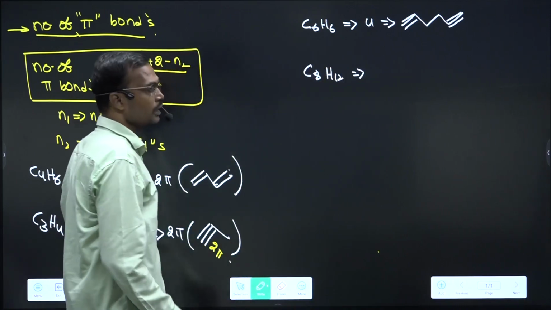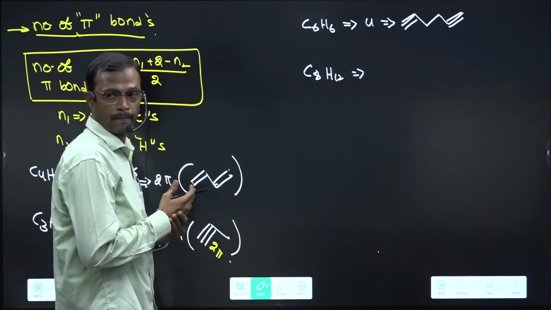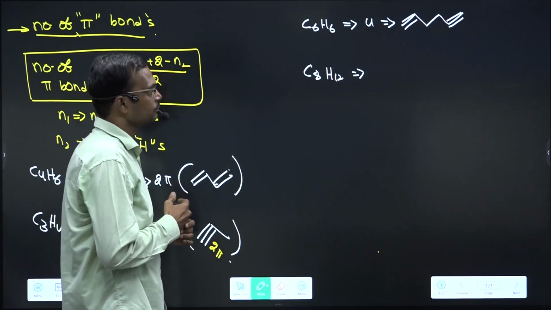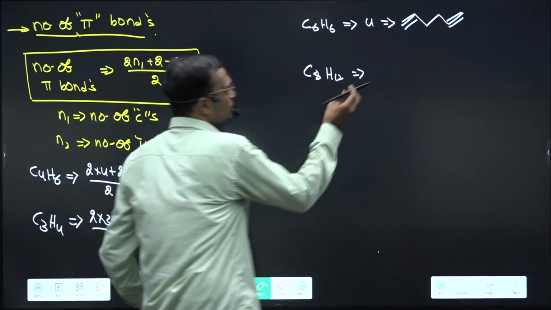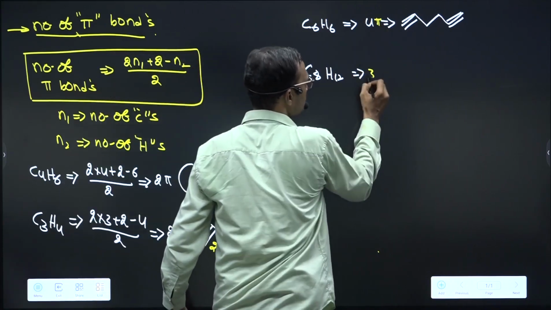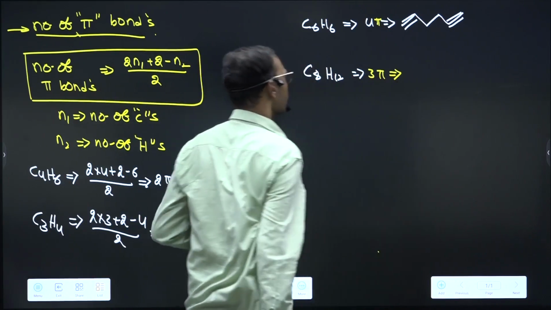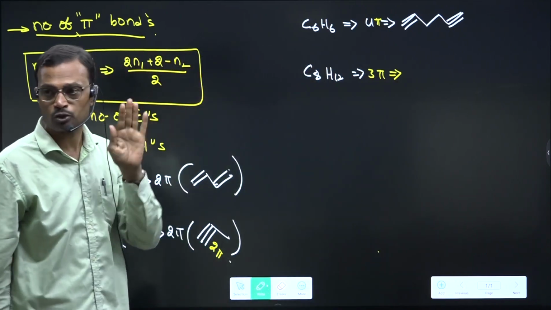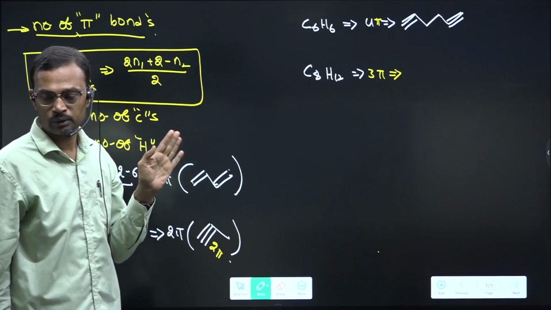Okay. Now, C8H12. How many pi bonds possible? 3 pi, right. This is 4 pi and this is 3 pi. Take one 8 carbon open chain skeleton. Write open chains only. Don't create any rings. Okay.